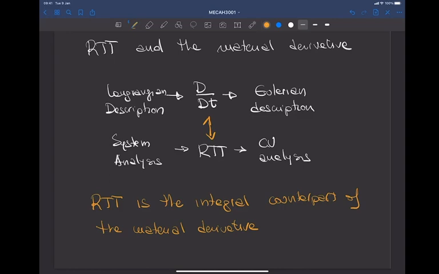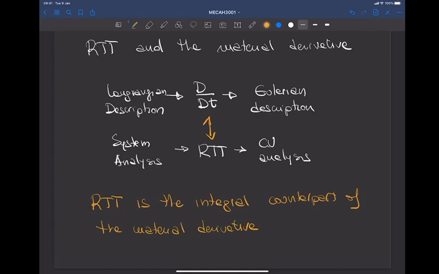So both are bridges between Lagrangian concepts and Eulerian concepts, but one of them is applied in an integral context, and the other one is applied in the context of differential equations.